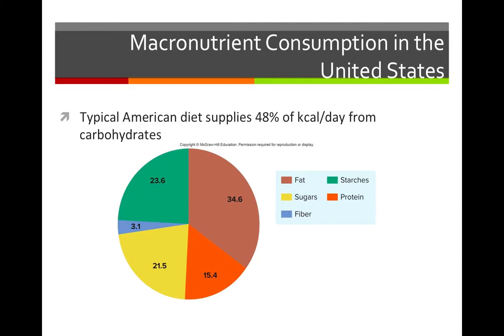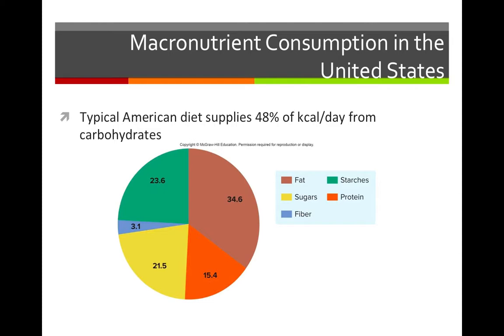This is about 225 to 325 grams of carbohydrates per day. And although carbs get a bad rap, they're vital to your health, especially if you focus on carbs from fiber-rich sources like fruits and vegetables, whole grains, low-fat dairy products, and legumes.